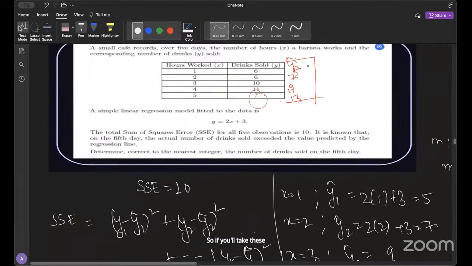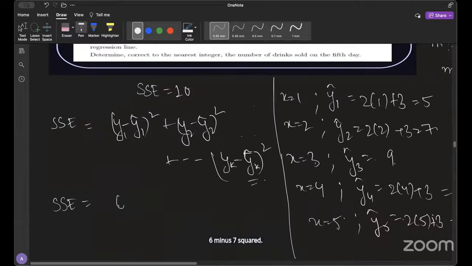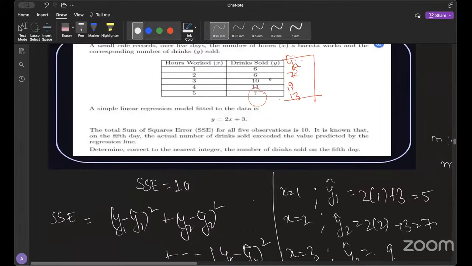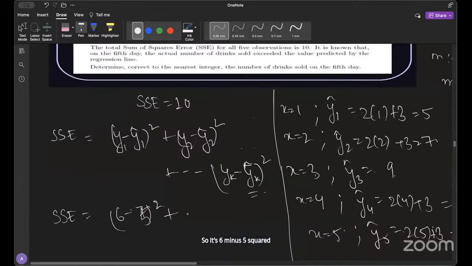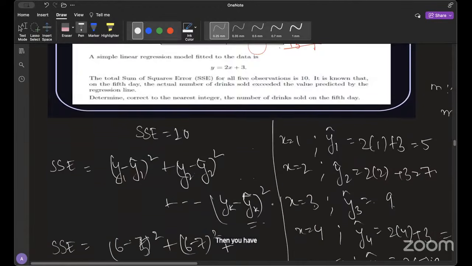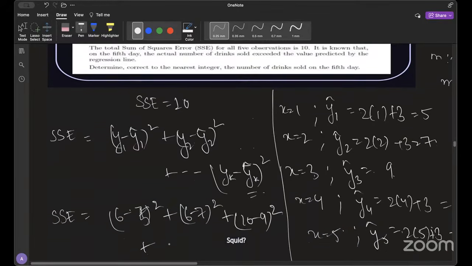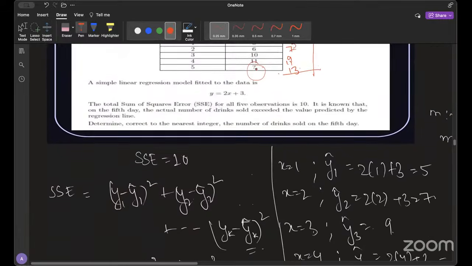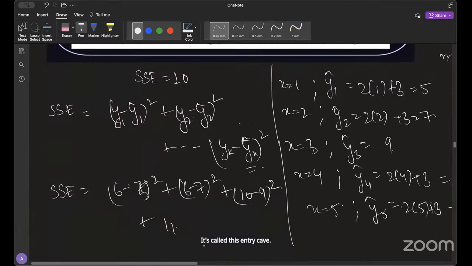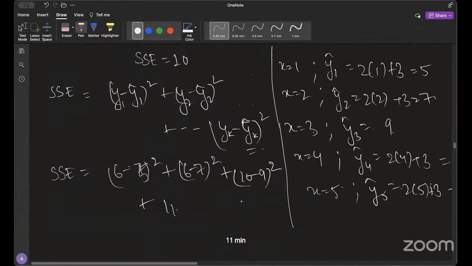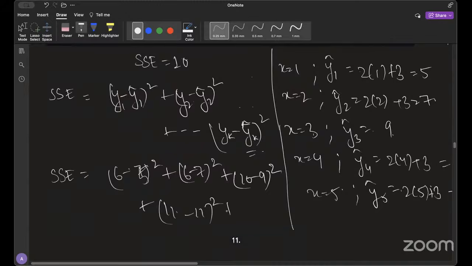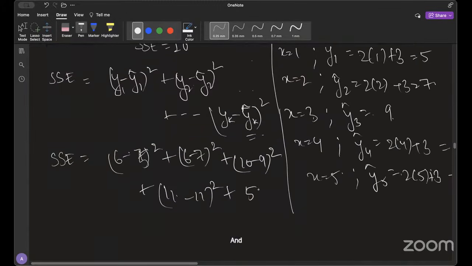So if you take these values, it's 6 minus 5 squared first, then you have 6 minus 7 squared, then you have 10 minus 9 squared, then 7 minus 11 squared, and then, let's call this entry k, k minus 13 squared.